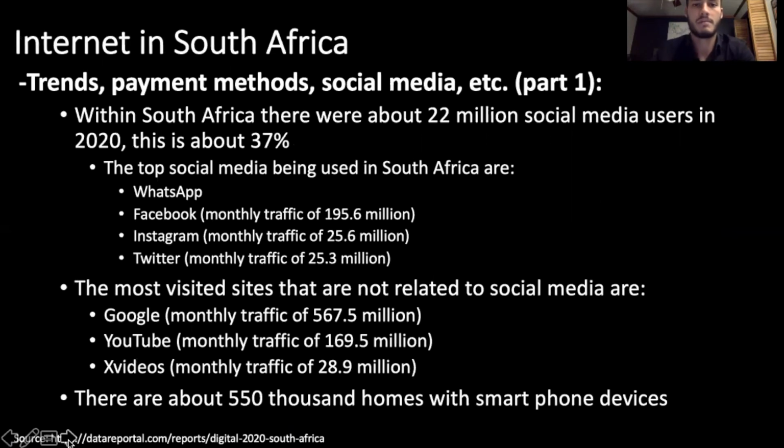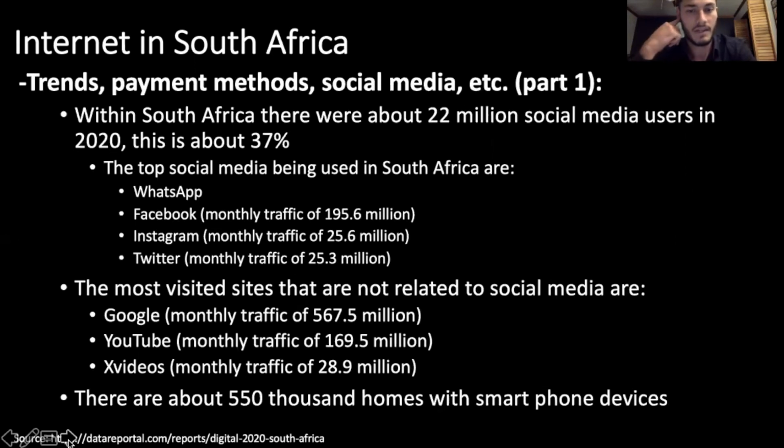Some trends and payment methods that are occurring within South Africa are social media. There's 22 million social media users in 2020, which is about 37% of the population. The top social media being used in South Africa is WhatsApp, Facebook with a monthly traffic of 195.6 million, Instagram with a monthly traffic of 25.6 million, and Twitter, with a monthly traffic of 25.3 million.